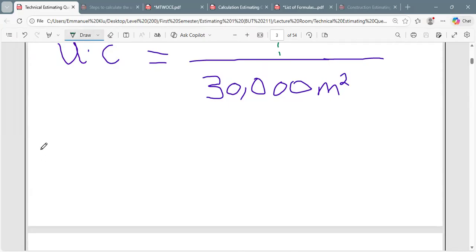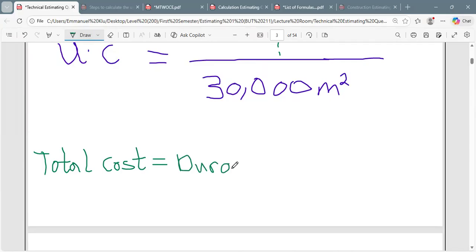So our total cost is equal to duration times hire rate, or even daily rate.